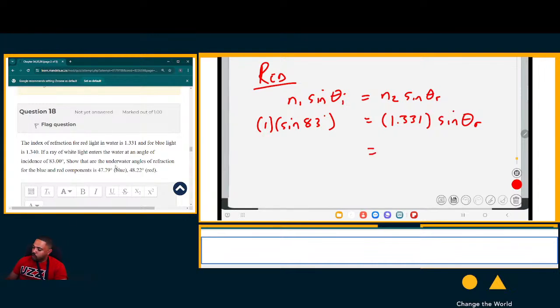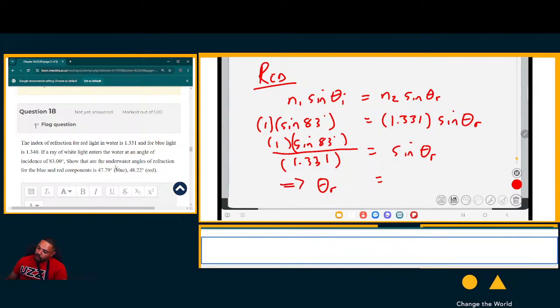If you work this out, 1 multiplied by the sine of 83 degrees, over 1.331, is equal to the sine of theta r, the refracted angle. Now if you were to solve for theta r, you can just punch that in your calculator.